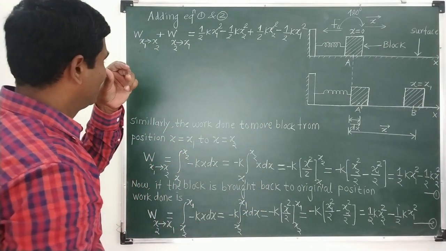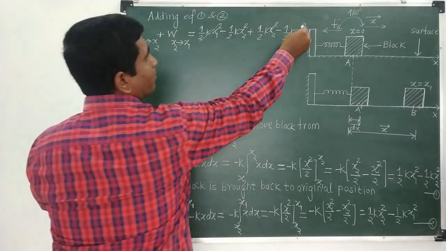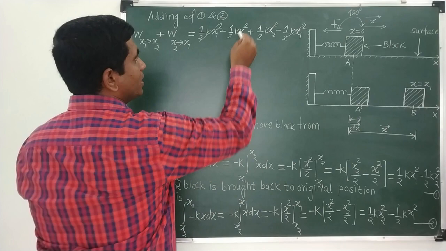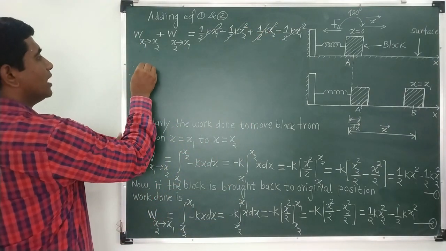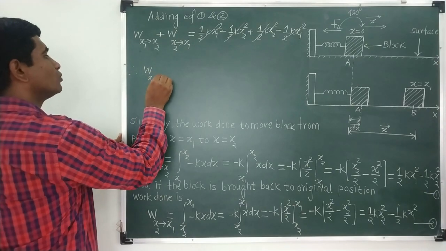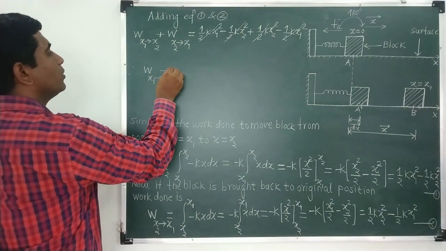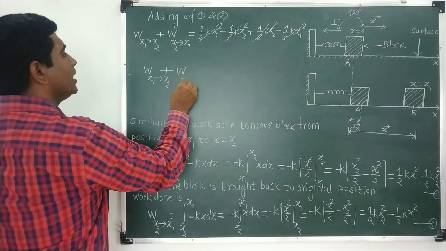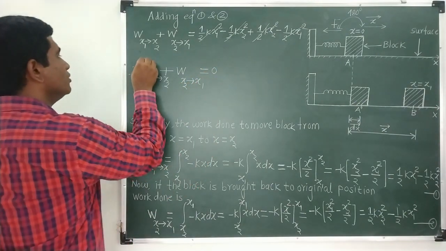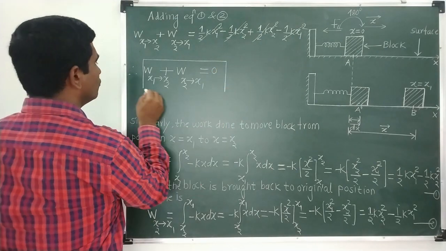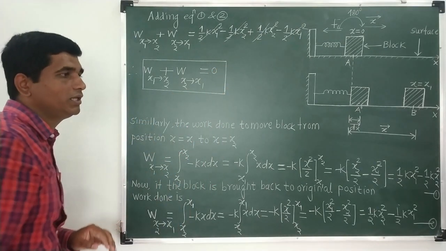Now you can see 1/2 k x1 square minus 1/2 k x1 square will cancel, and so will the x2 terms. It means that the work done from x1 to x2 plus the work done from x2 to x1 comes out to be 0.